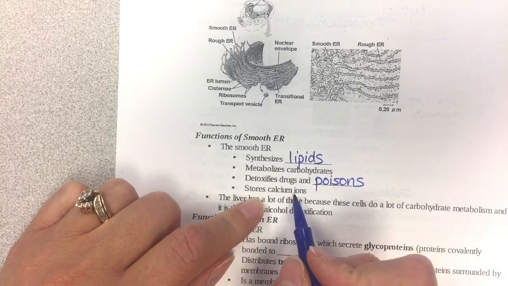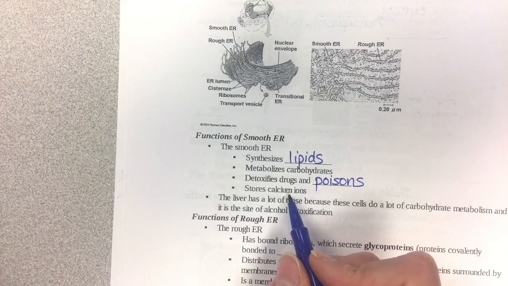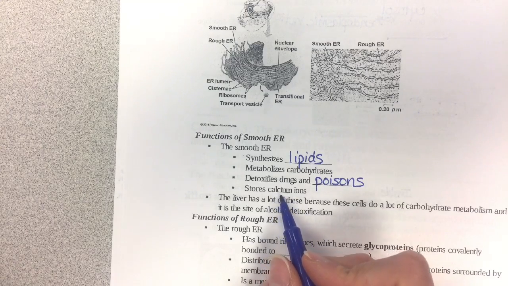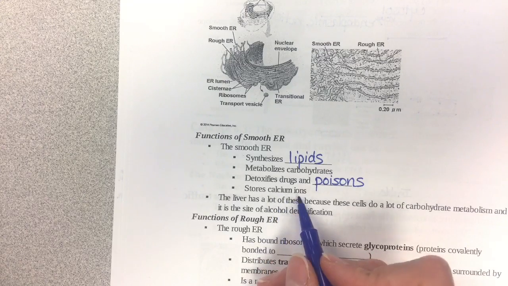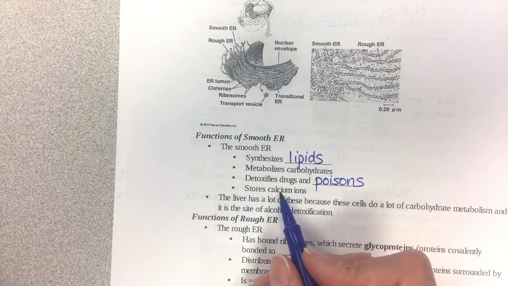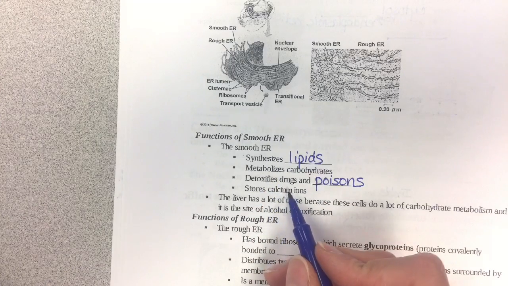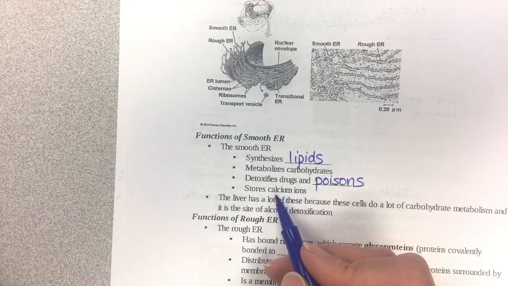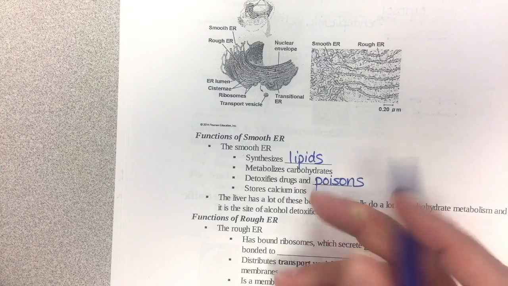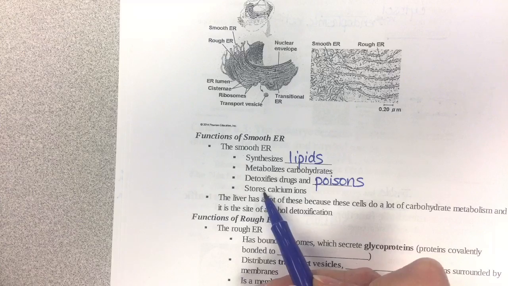And there are specialized ER that store calcium ions. If you've taken an anatomy class, you may have learned that when muscles contract, calcium ions are really important, and they're stored in a specialized ER called the sarcoplasmic reticulum. It releases calcium ions so muscles can contract. So that's a specialized form of the smooth ER.